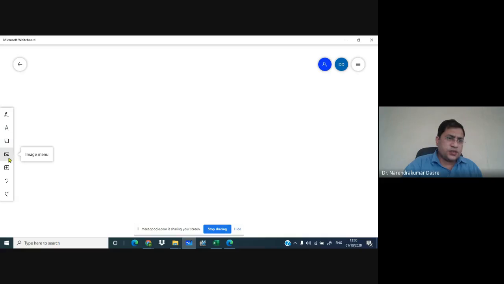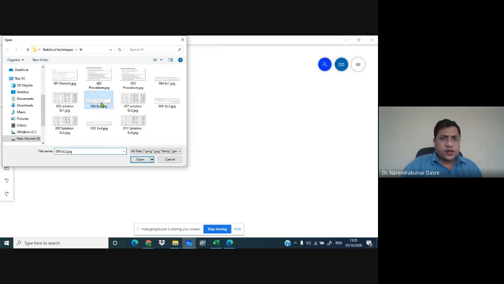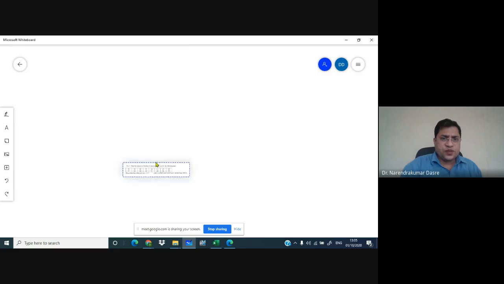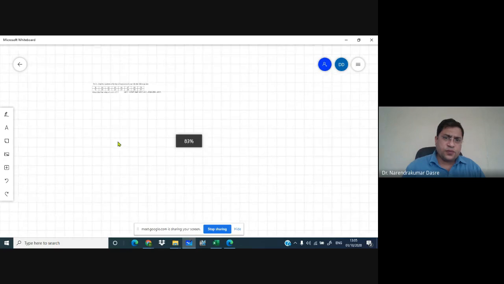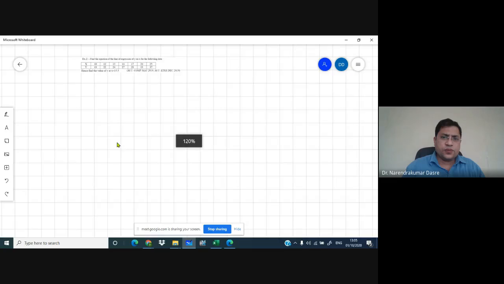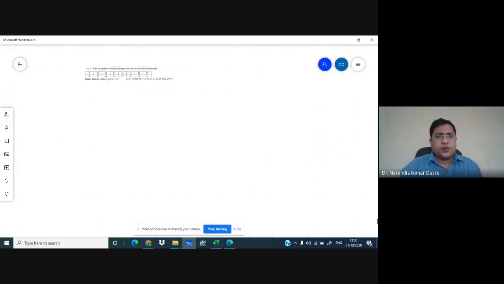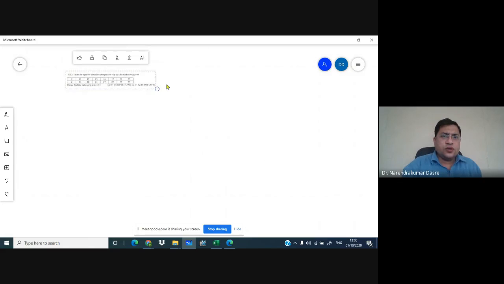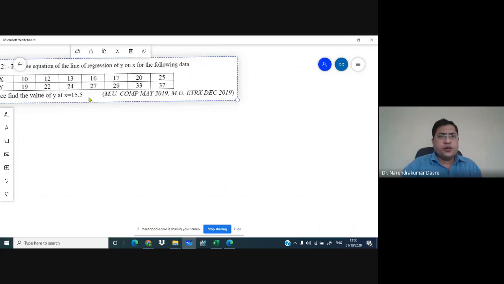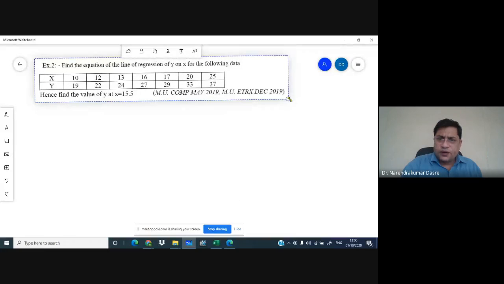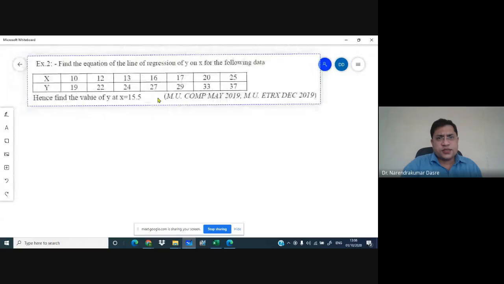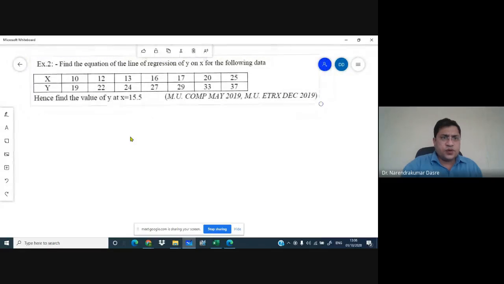So here in this example, what we have to do is consider the line of regression of y on x, and then find the value of y when x is given to be this one.